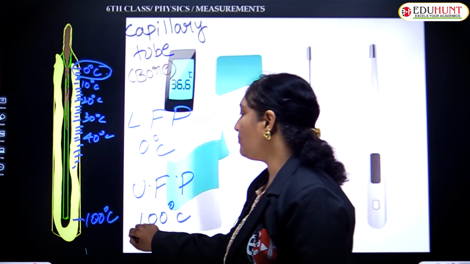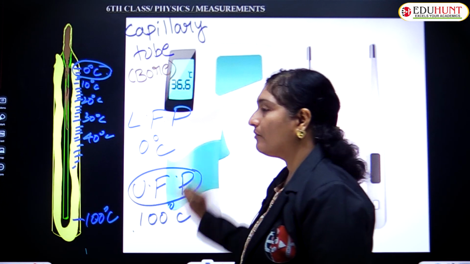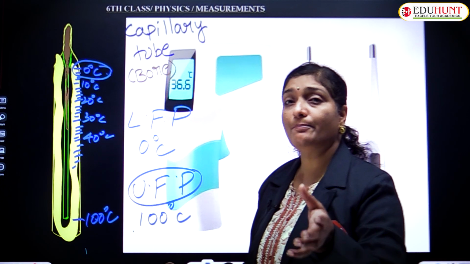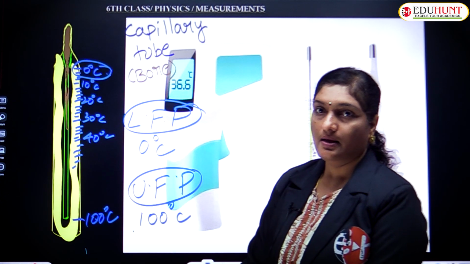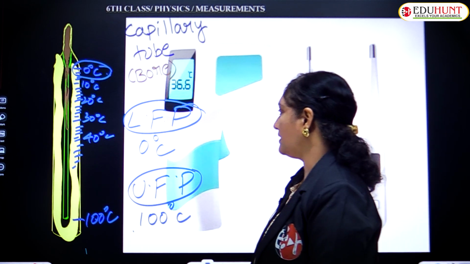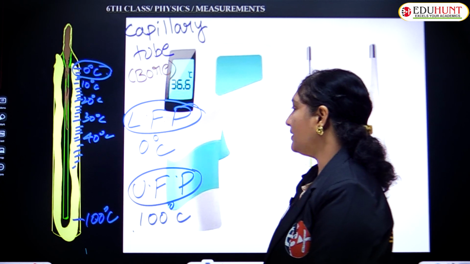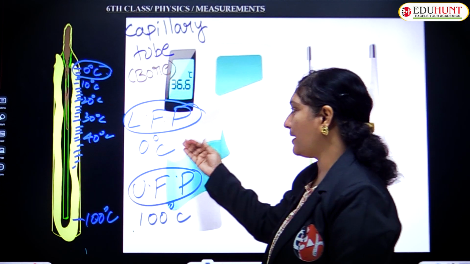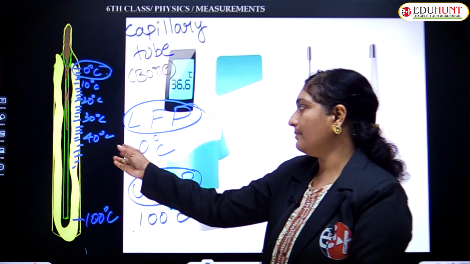Hence, the boiling point of water is marked as the upper fixed point, whereas the melting point of ice is marked as the lower fixed point. And the range of a general thermometer is from 0 to 100 degrees Celsius. So, how many divisions are there? 100 minus 0, totally 100 calibrations are made on this thermometer.